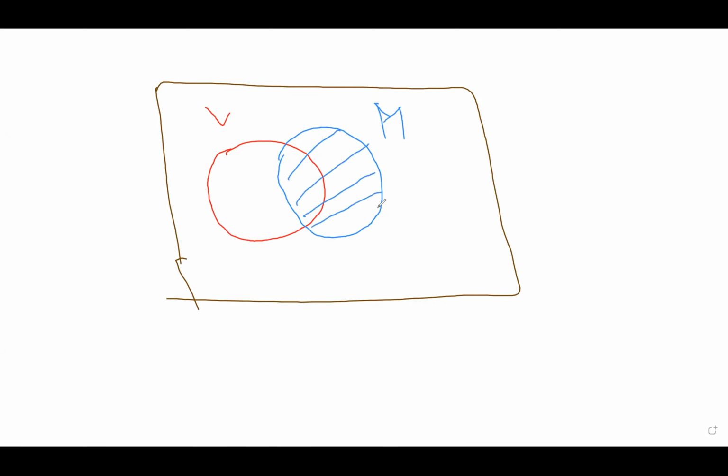So this is our Venn diagram. For example, the red one is V, and the blue one is M. So this is our M, and this is our V. The M complement will be outside M. So now shade the M complement.